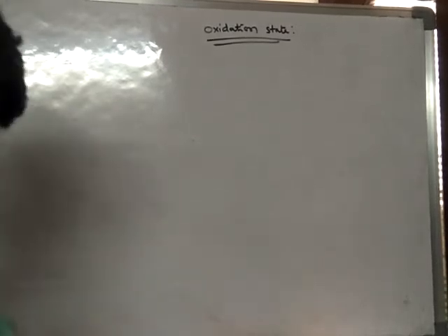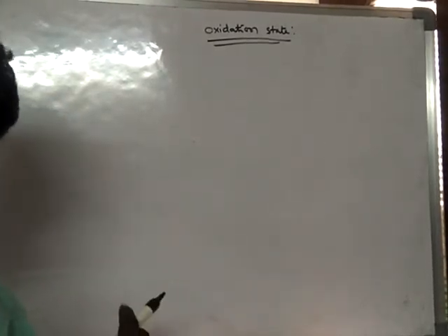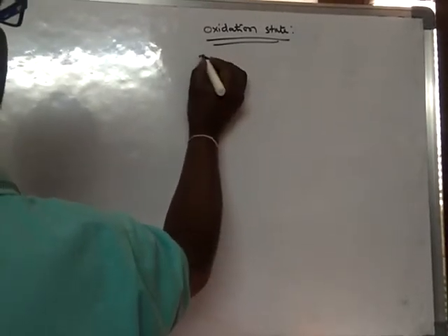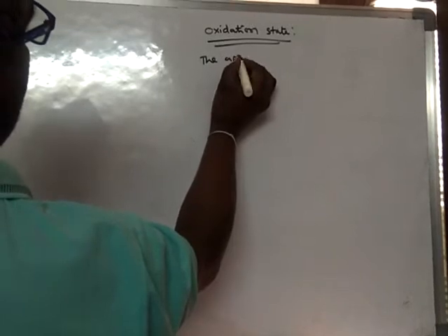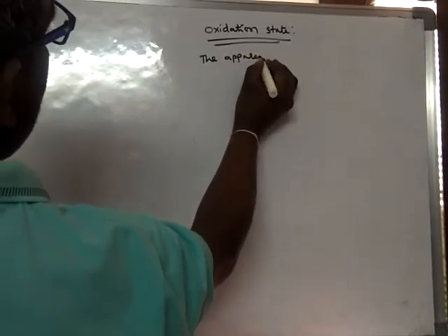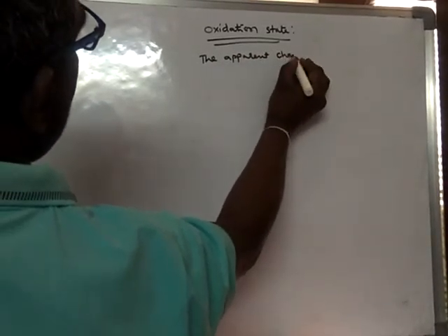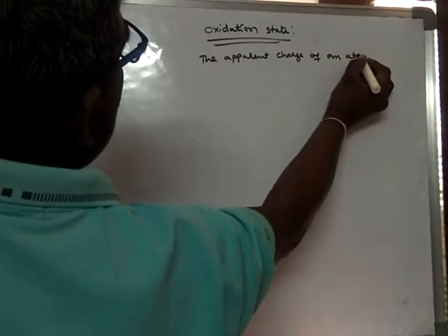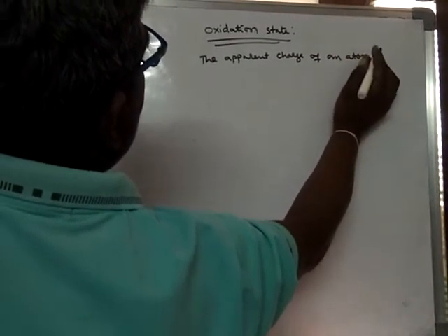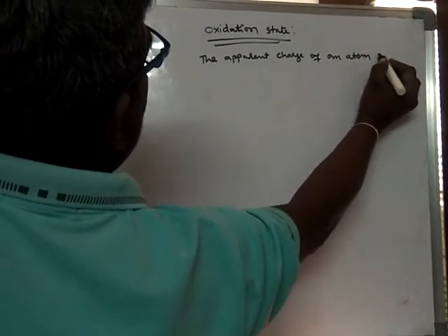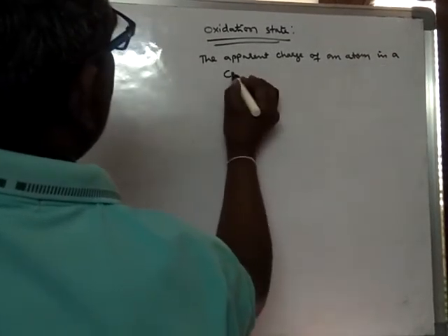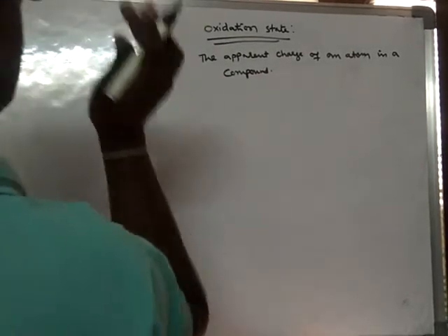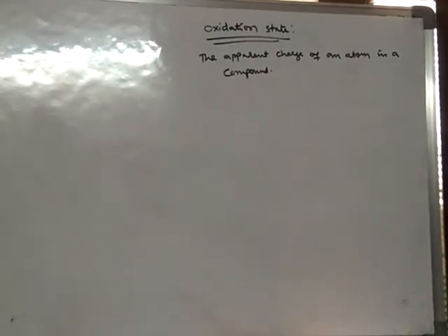The apparent charge an atom possesses in a compound is generally called oxidation state.